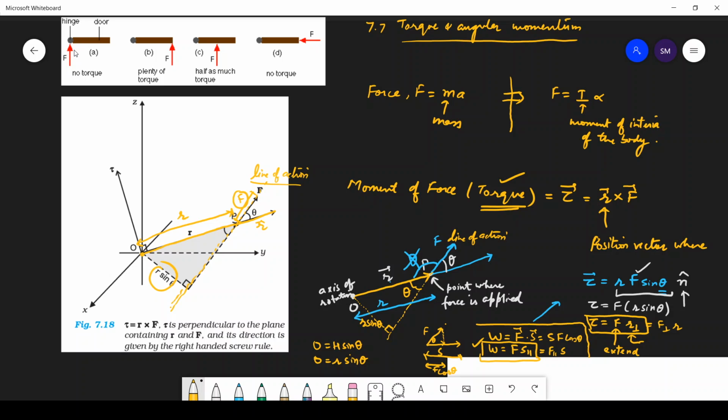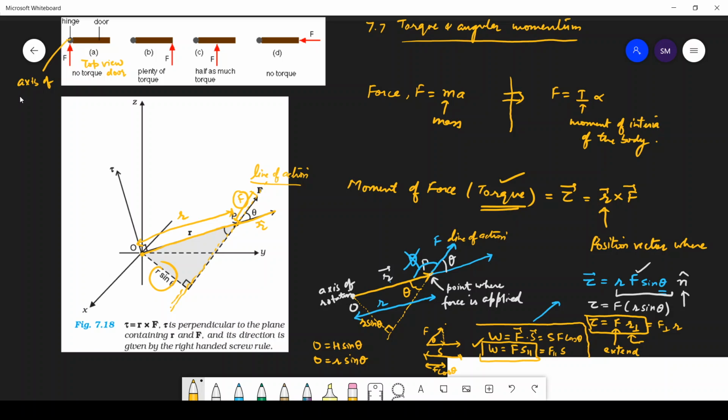Now let us see an application of torque. This is your hinge. This is the top view of the door. If you look at the door from the top, this is your hinge, and this is also your axis of rotation. The axis of rotation is going into the plane of the paper, because this is a top view.